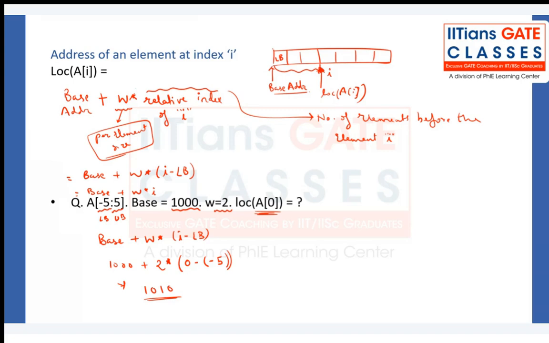Okay, I'll just give it a minute or so to note this down. Also, can you tell me one thing? Meanwhile, others are noting, the ones who are done. Can you tell me what would be the complexity of finding the location of an element I?